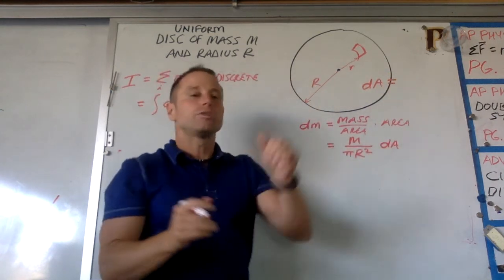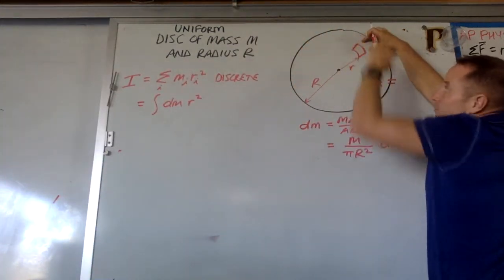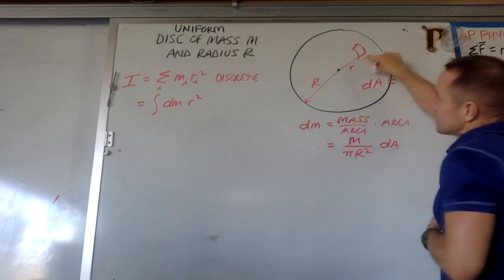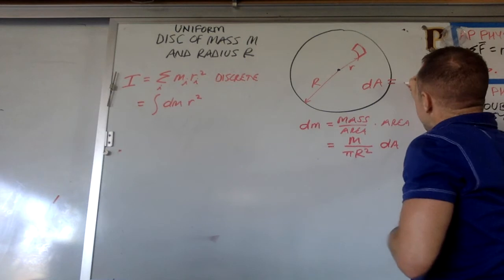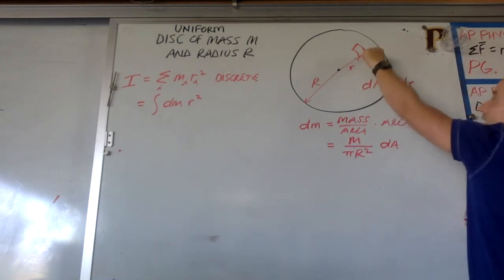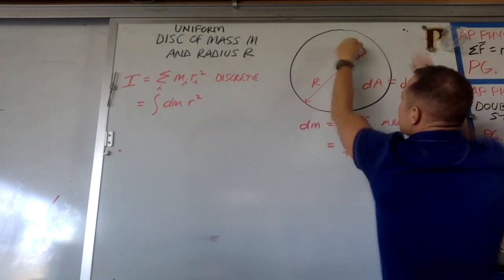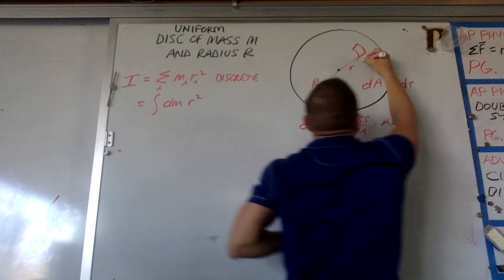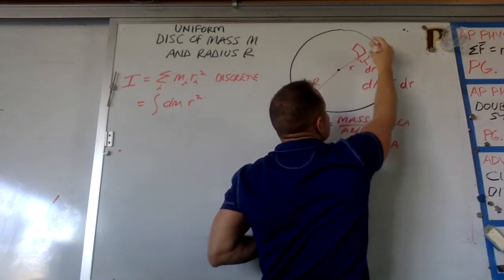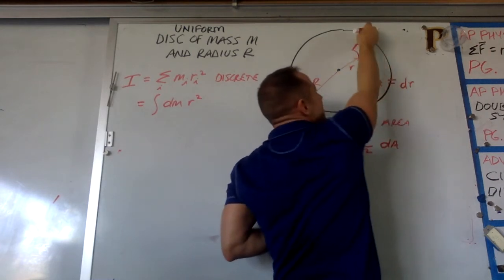To get the area of this thing, we need to know how big one side is and how big the other is, and then multiply them together. This side's not too tough, because you can see that's just a little excursion in r, so it's going to be dr. That's a little wiggle in r. And then here you're wiggling theta. A mistake people will make is to write d theta, but d theta is not a length.